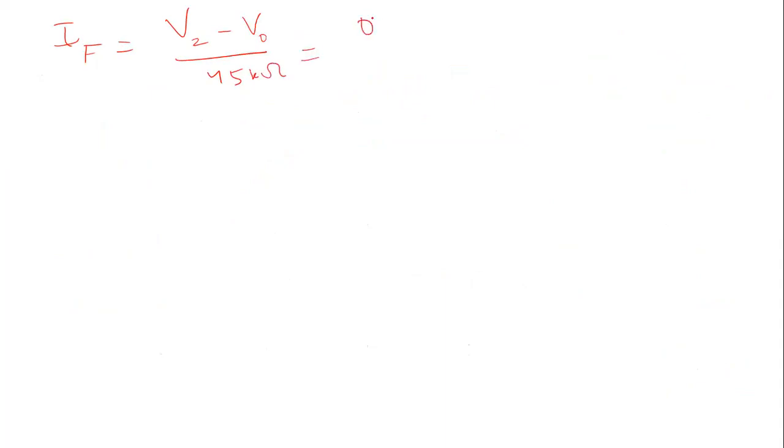So V2 is 0, and your V naught is minus of 4.5 volt, 45 kilo ohm. So this will be 4.5 divided by 45. It will be 0.1, isn't it? And there is a kilo, 10 to the power 3 in the denominator, so in the numerator it will be 10 to the power minus 3 again.